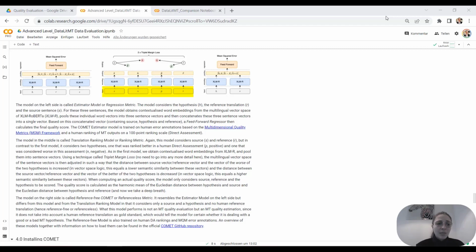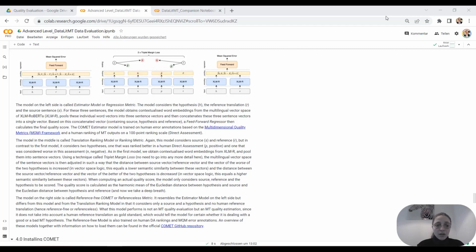And the same as in the first model, now we have these four sentences that are input into this model. From these sentences, we also obtain contextualized word embeddings, and these are also pooled into sentence vectors. And then it gets a little bit more complicated.